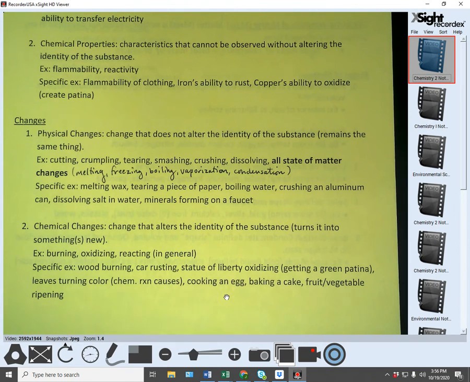So the longer it goes on, the more it ripens, the sweeter it tastes because literally there's more sugar in it and there's fewer carbohydrates. When you start out, like the person said, it tastes starchy because it's got a lot of carbohydrates in it. But over time, those break down into sugars, and that's where you get a sweeter taste.